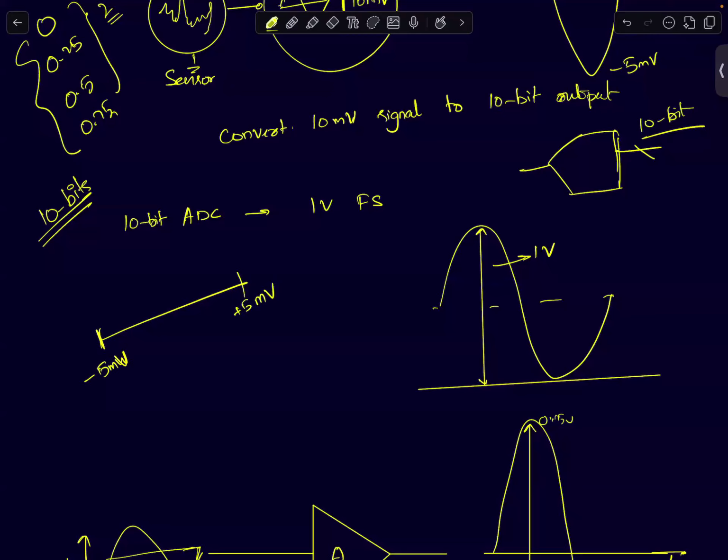And he has to convert the signal here between minus 5 and plus 5 to a 10-bit output. Okay, which means in your mind, you should think like I'm dividing this into 2 power 10 intervals, and I'm going to assign 10 bits to each value.